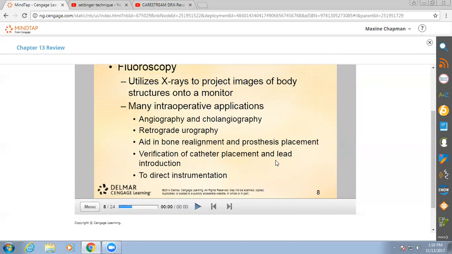Lateral films require the use of a portable cassette holder that can be positioned opposite of the tube.